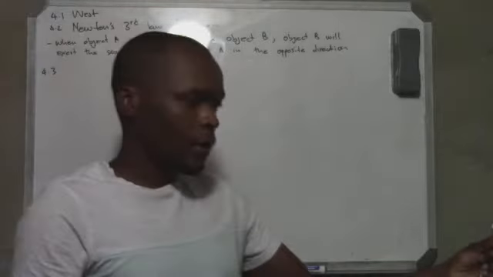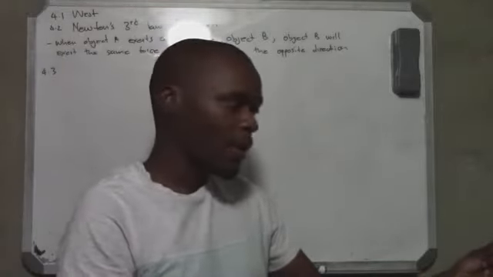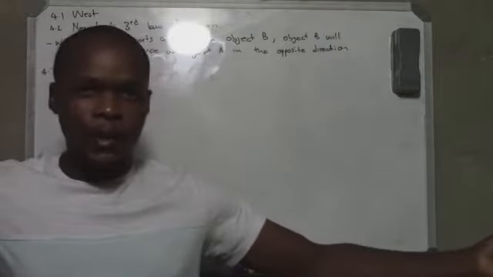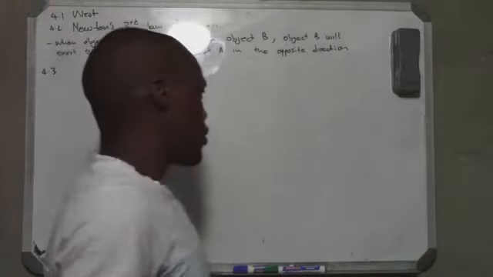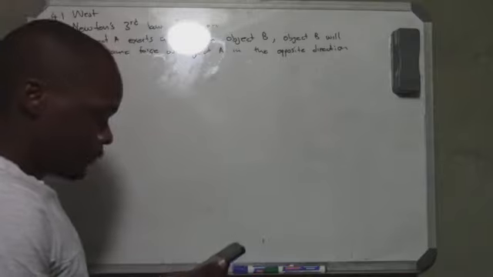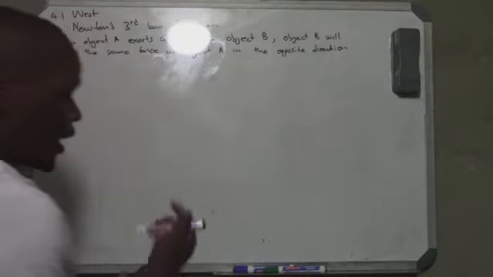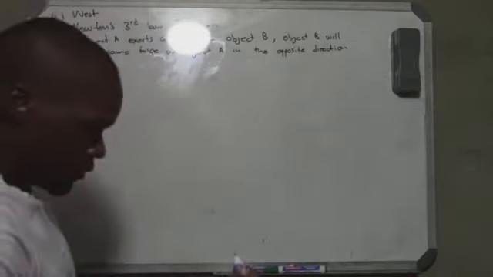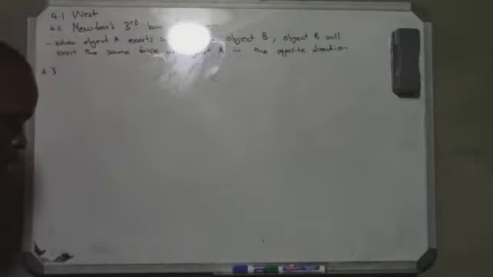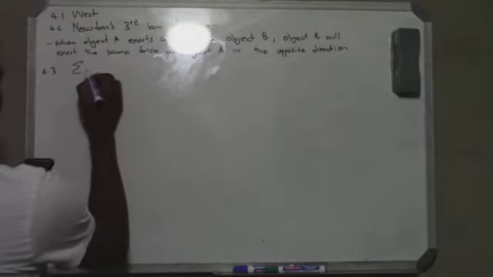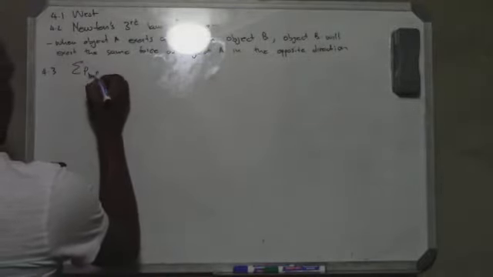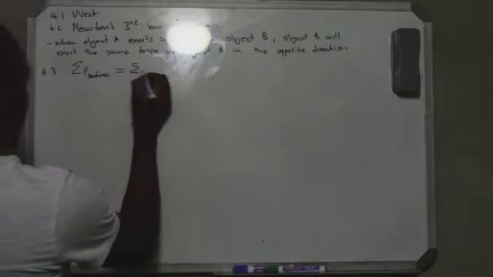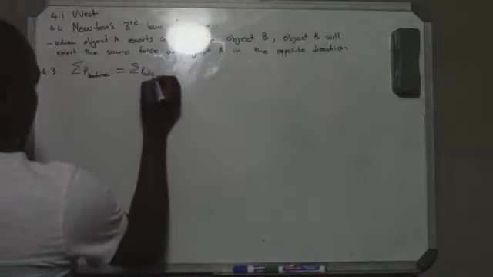If I'm standing on a frictionless surface on skates, I roll back in the opposite direction. So this is what is happening here, right? And then we can apply the principle of conservation of linear momentum to explain the situation and solve for the unknown velocity, right? So the total linear momentum before is equal to the total linear momentum after.